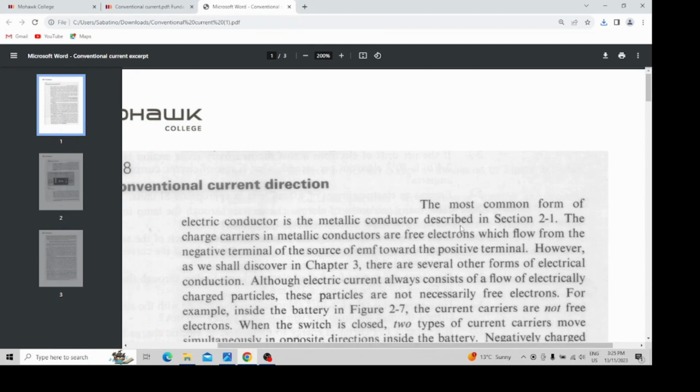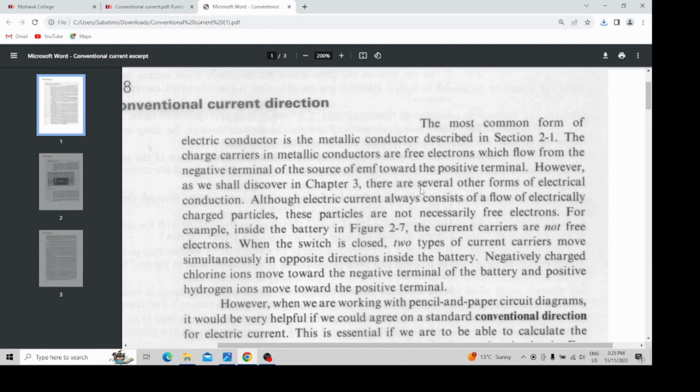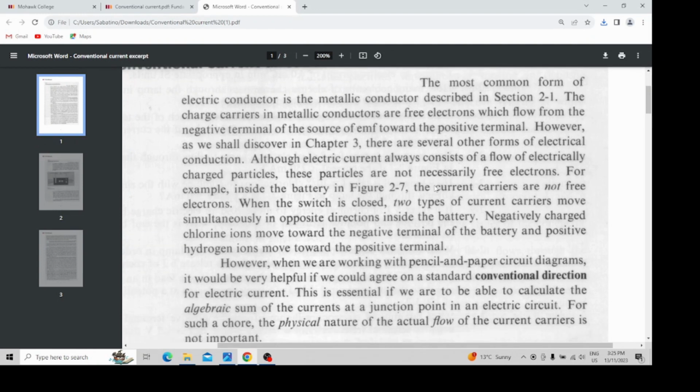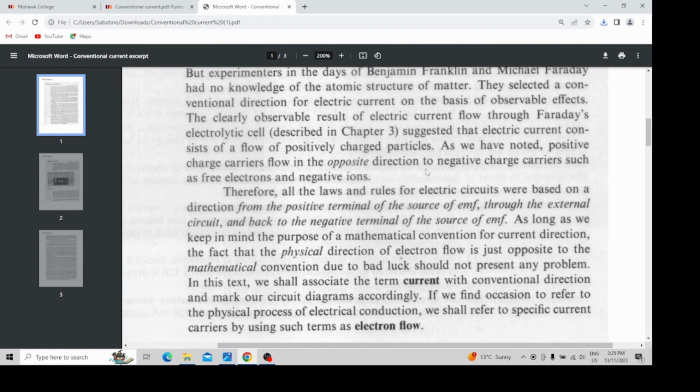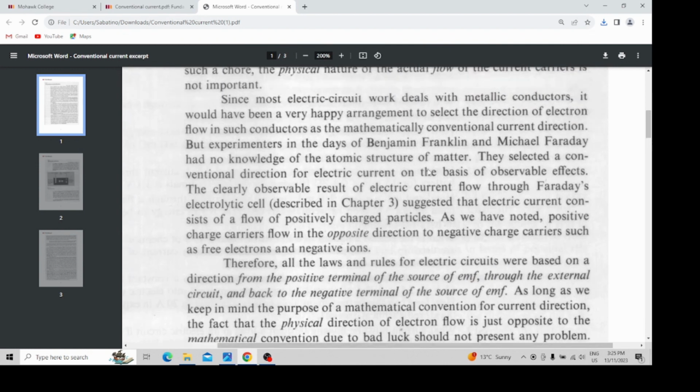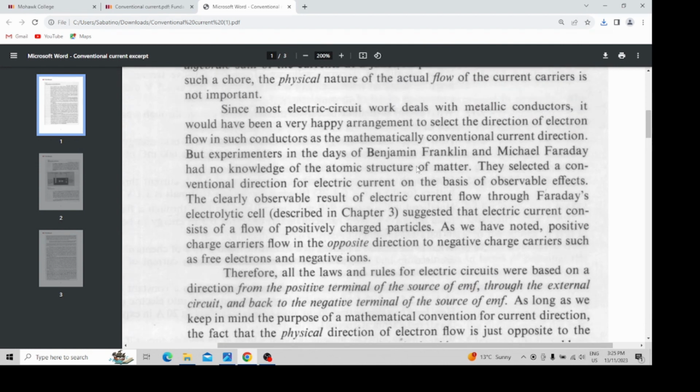But long ago in 1800, 1810, 1820, 1830, they didn't know about electrons. They didn't know about atoms, for that matter. And there were some individuals who were working with the electricity at the time. They called it a charge. It was a pile that they were actually working on.